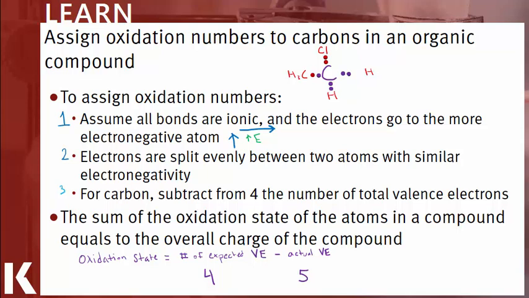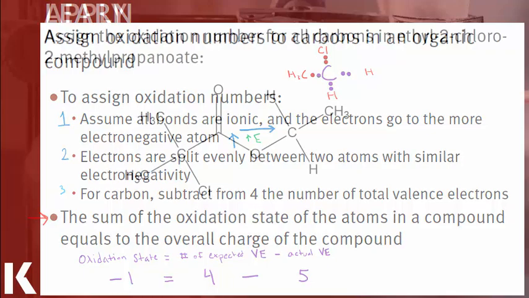Therefore, the oxidation state will be 4 minus 5, resulting in carbon's oxidation number being -1. In this example, chloroethane didn't have an overall charge, so the sum of the oxidation numbers will total 0, indicating a neutral molecule. Now that we know the rules, let's see if you can apply this knowledge to a question and assign oxidation numbers to carbons in a molecule.